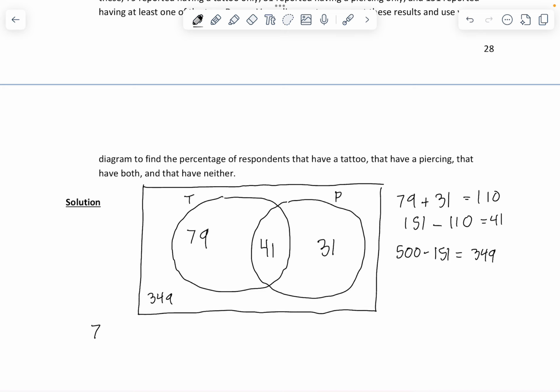So we get 79 plus 41, which equals 120. We want to express that as a percentage. So that would be 120 out of the total, which is 500, multiplied by 100%. If we work that out, rounding to the nearest percent, I get 24% have a tattoo.